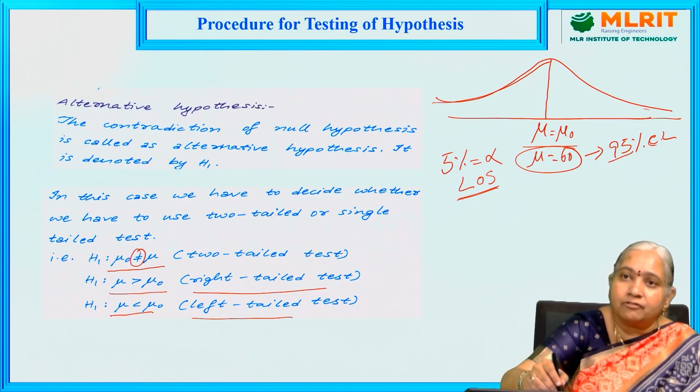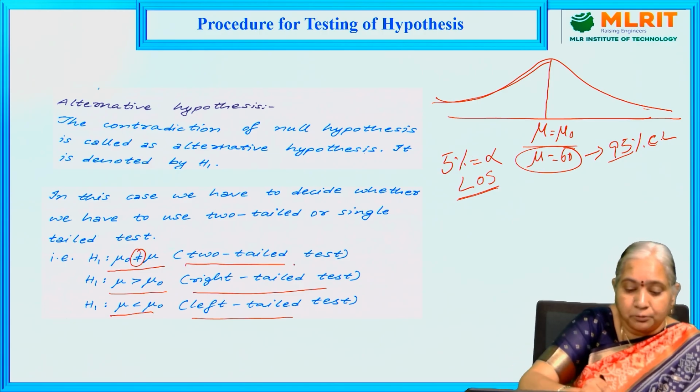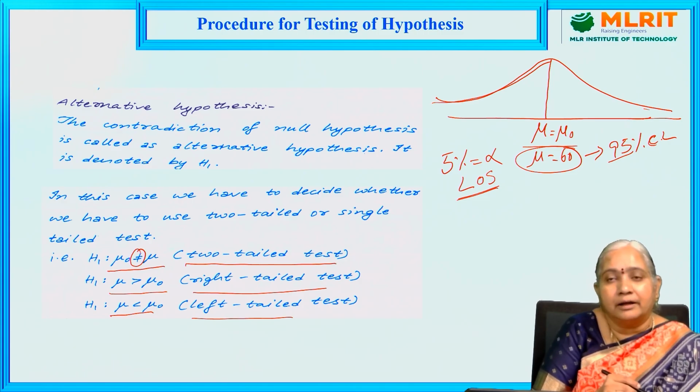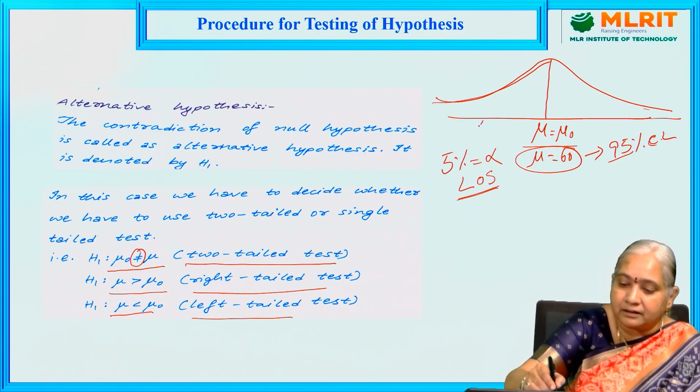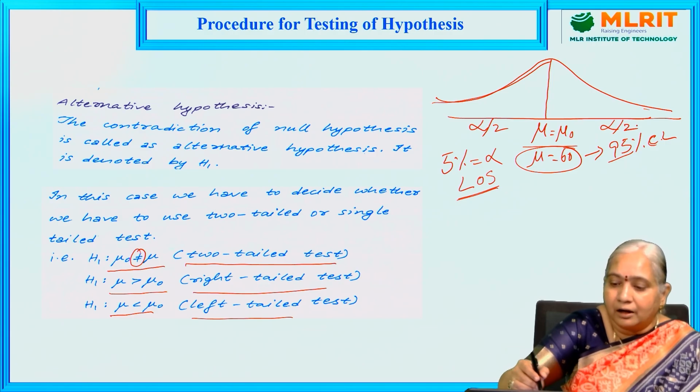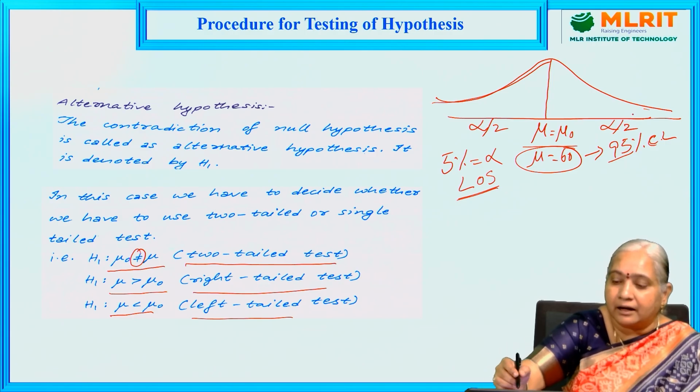So that alpha is divided into two equal parts, that is a two-tail test. If the total error is divided into two equal parts, then each is denoted by alpha by 2. Half is to the left of the mean and the remaining half is to the right of the mean.